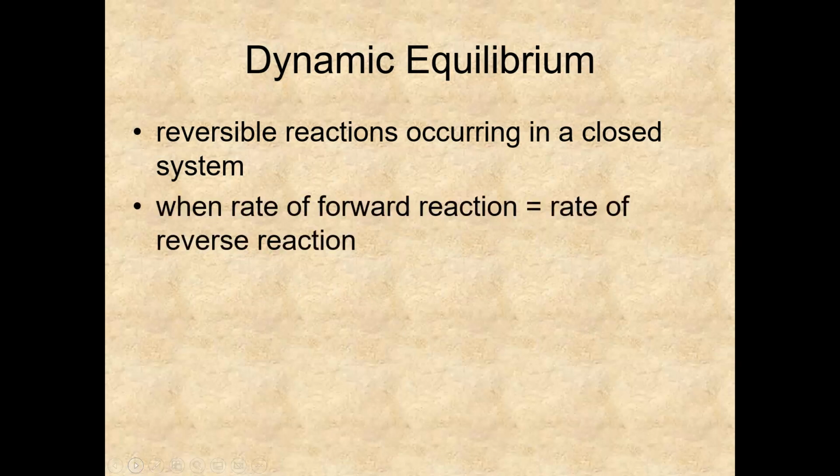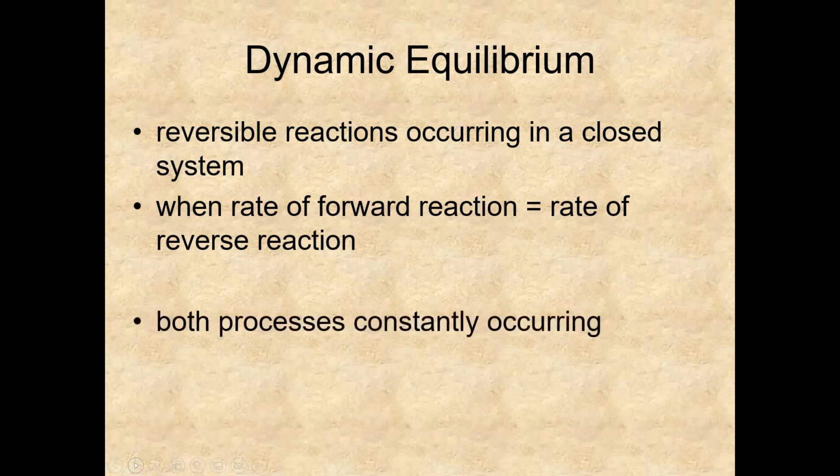So dynamic equilibrium occurs when the rate of the forward reaction equals the rate of the reverse reaction. So we talked about the two reactions occurring simultaneously, but they're occurring at the same rate overall.